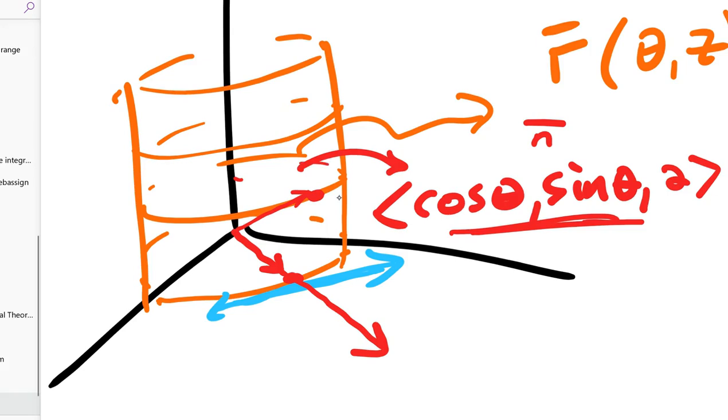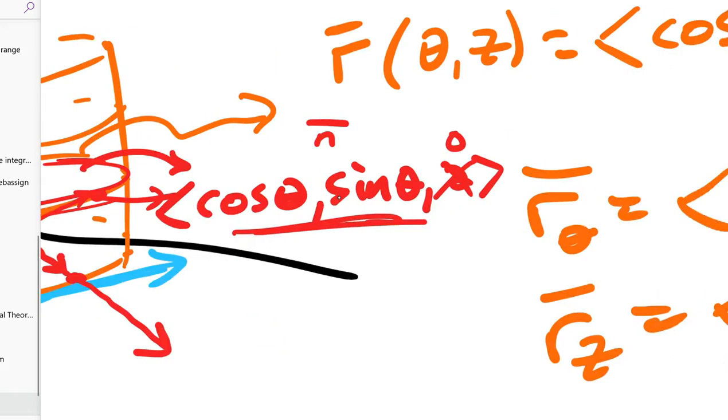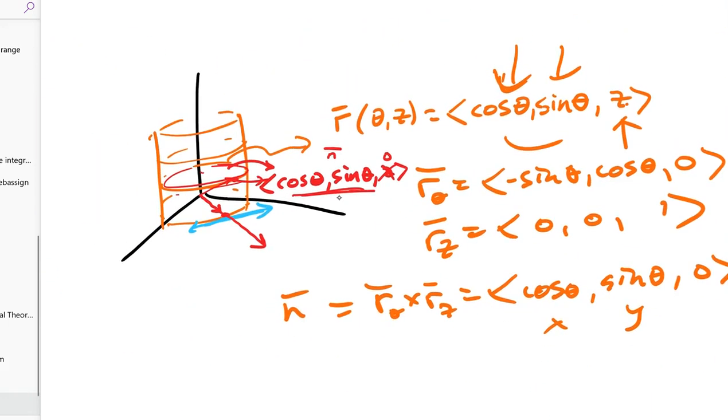It's the circle, and the z is always 2. And then your normal vector comes straight out, so the z component is going to be 0. All right, so that's it right there.